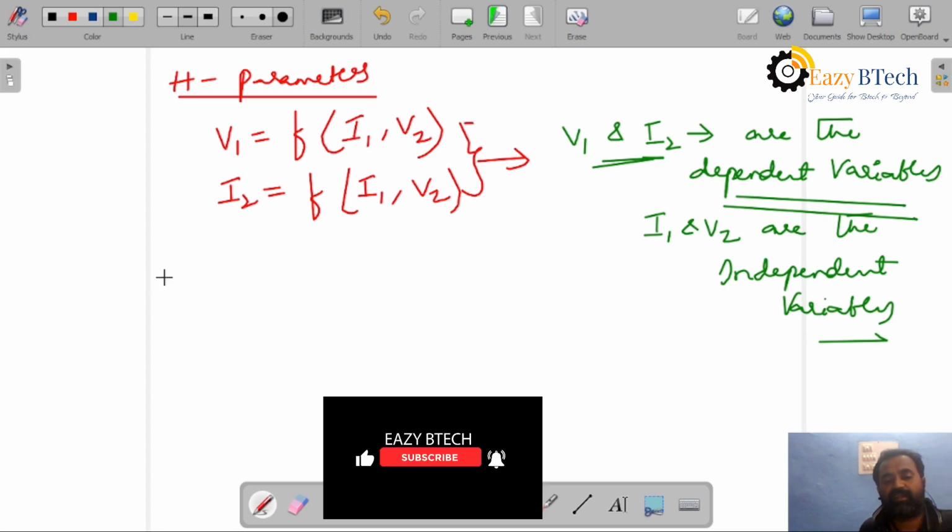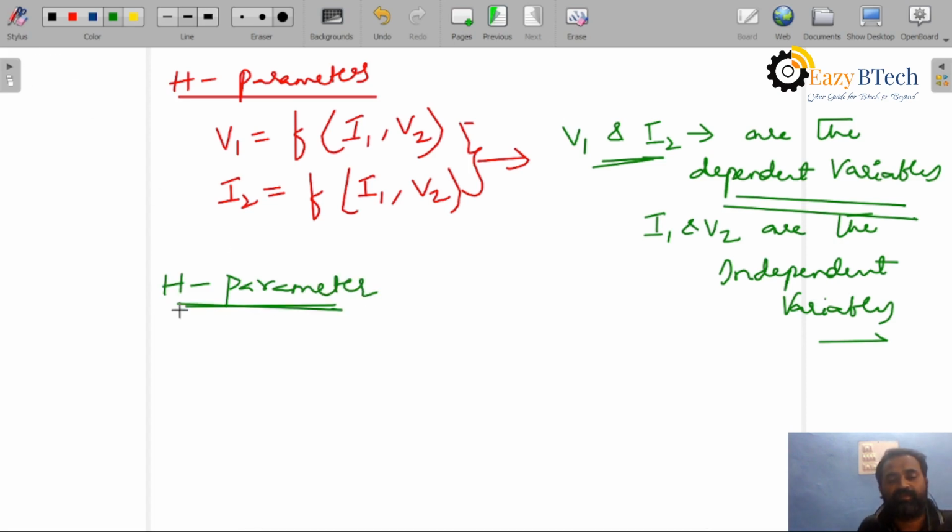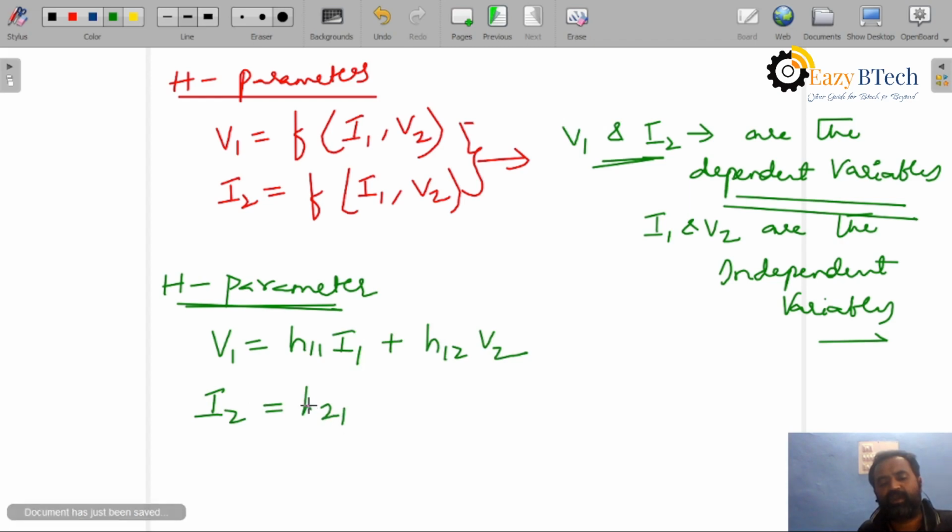We will write these H parameter equations. V1 is equal to H11 I1 plus H12 V2. I2 is equal to H21 I1 plus H22 V2.